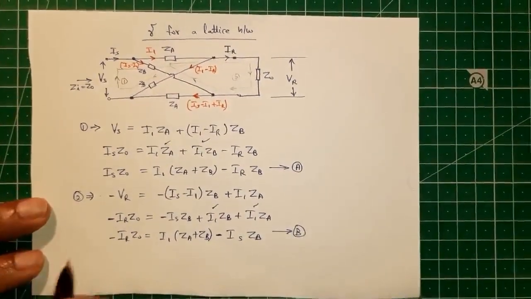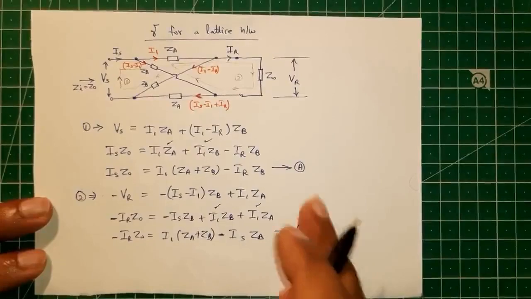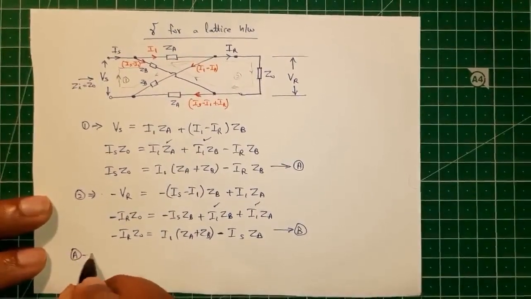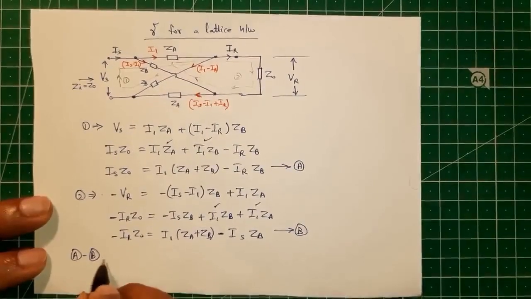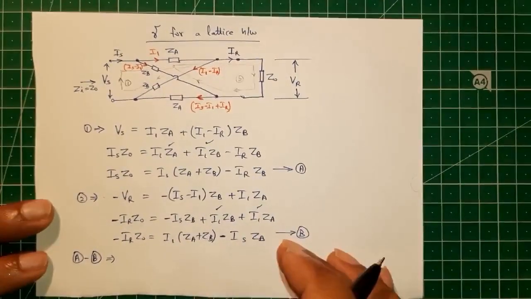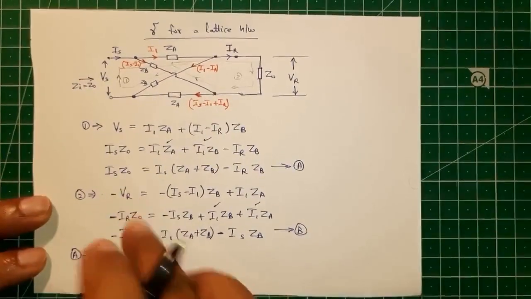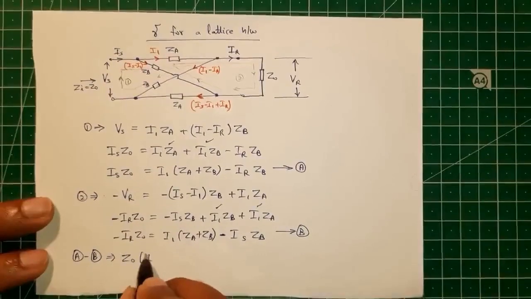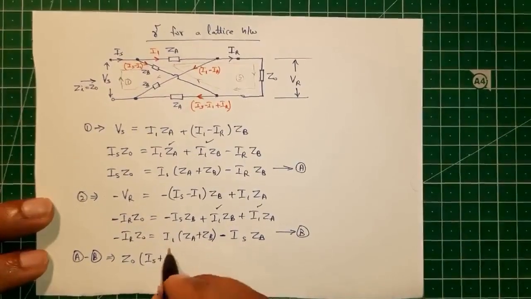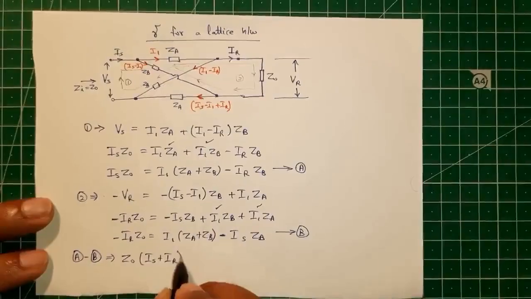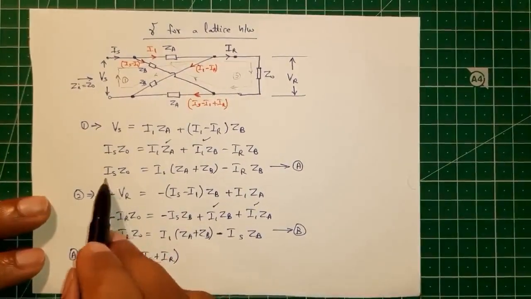Now what if we subtract the second equation from the first equation? So we have A minus B. On the left hand side we have Z0 as common factor, Is plus IR, these two terms.